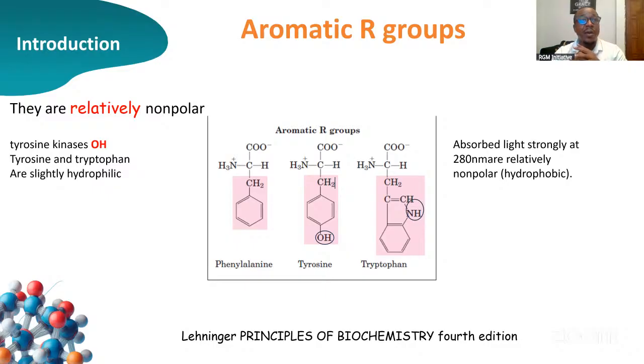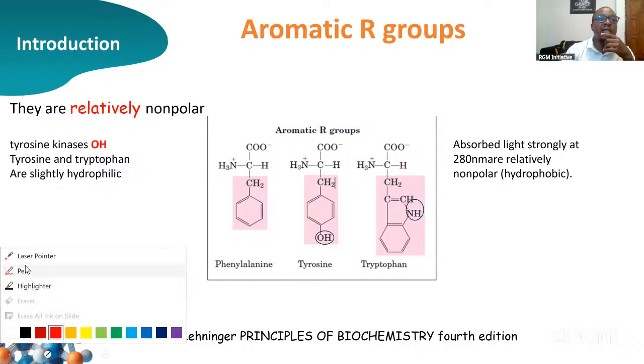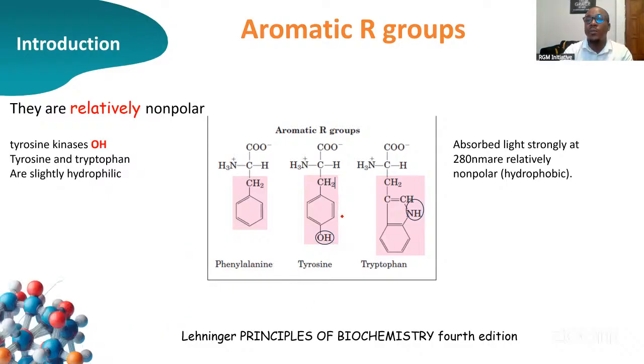Now the aromatic amino acids are relatively nonpolar. When we say relatively nonpolar, we don't call them nonpolar in full terms, because they might contain some hydrophilic groups that make them somewhat hydrophilic. You can see tyrosine has a hydroxy group.